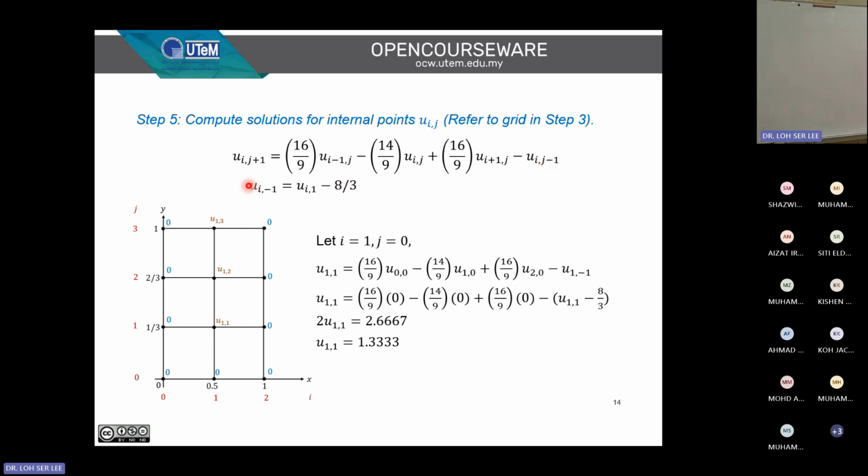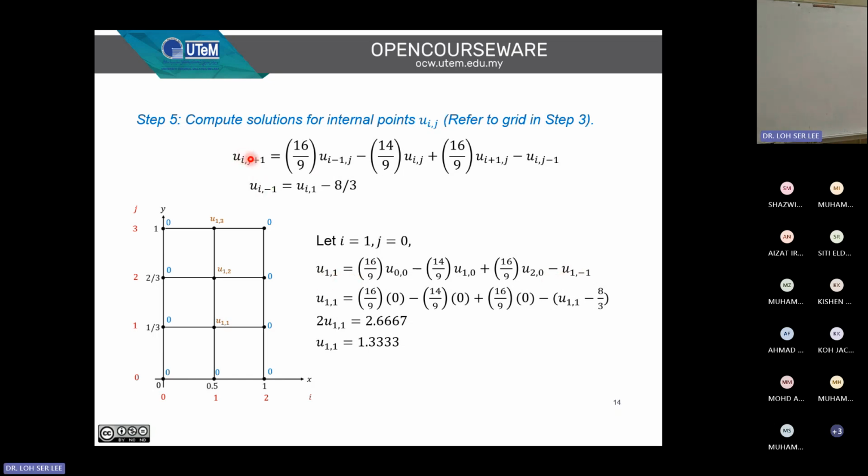This one happens for the first iteration. That means when you find u_{1,1}, you do not have the point underneath, so you need this formula. If you look at this, you want to find u_{1,1}, so this is the formula, and we know that the first, second, third points referring to 0, 0, 0 are all zeros. And then minus u_{1,-1}.